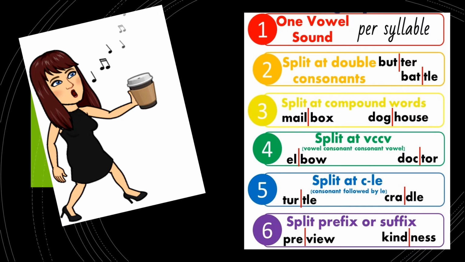Cradle becomes cra, dle. And then rule number 6, split prefix or suffix. Pre, view, kind, ness. Now rules 4, 5, and 6 you will only be using from grade 6 onwards. But rules 1, 2, and 3 we use in grade 4 and 5.